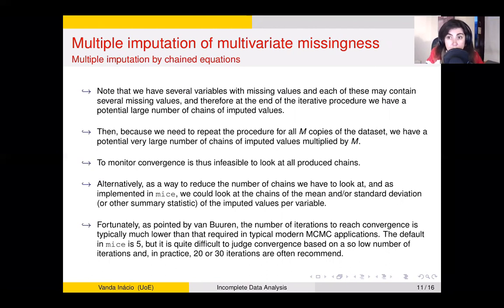But think that in practice, we might have several variables with missing values, and the number of variables with missing values may be large. And then for each variable with missing values, we may have several missing values. Remembering that for each missing value we will have a chain of imputed values if we want to monitor the convergence, we have a lot of chains to look at.